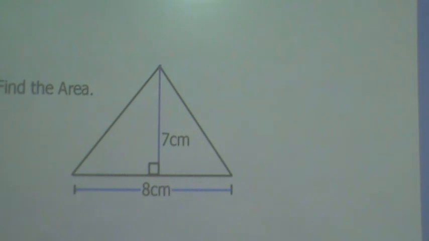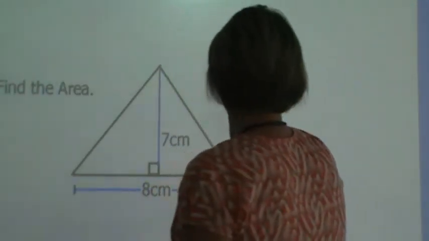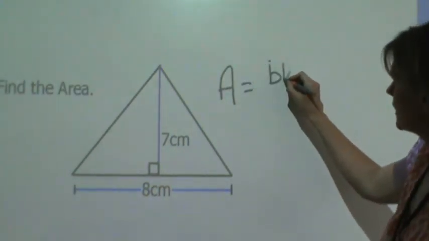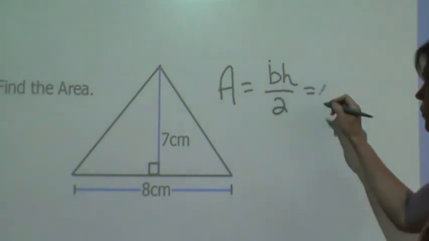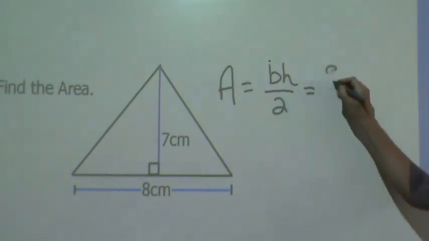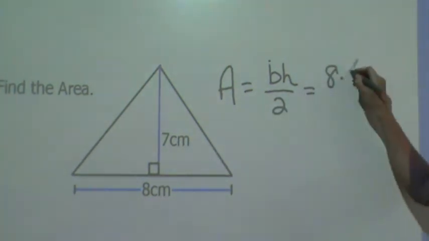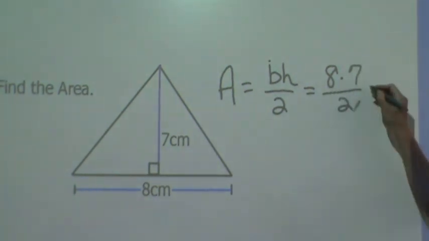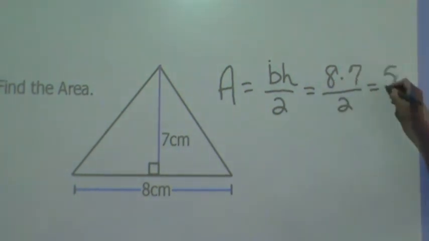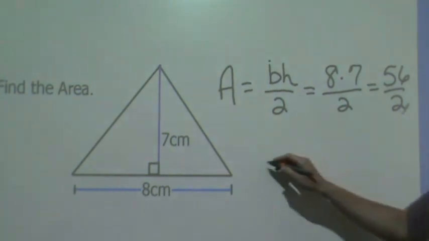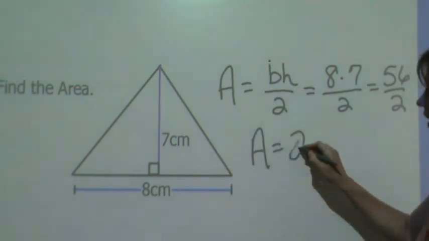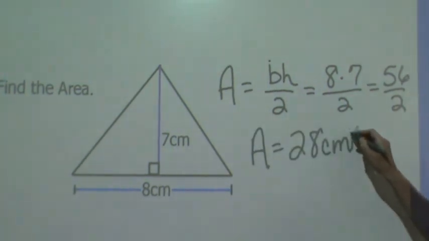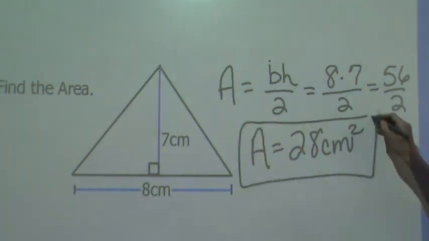This one's a triangle, so we're going to take the base times the height, and we're going to divide it by 2. So my base is 8, my height is 7, and I'm going to divide that by 2. 7 times 8 is 56. Divide that by 2, and my area is going to be 28 centimeters squared.